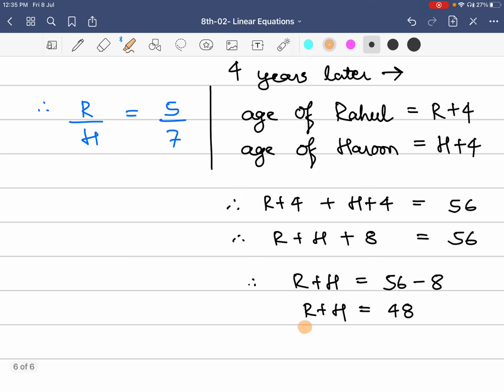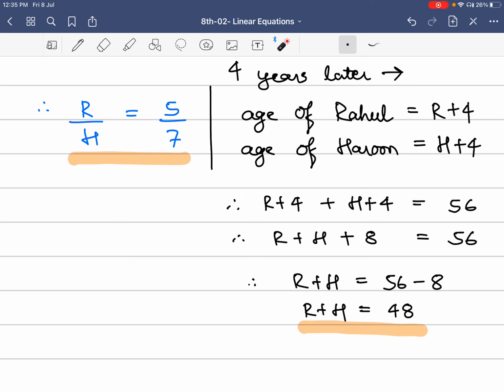Now note, this is one equation, R plus H equal to 48, and this is another equation, R upon H is equal to 5 by 7. Now we have to always form an equation in one variable. However, we have an equation in two variables, R and H, and here also we have R and H. So now what we have to do is use this one equation to reduce the variable in the other equation.